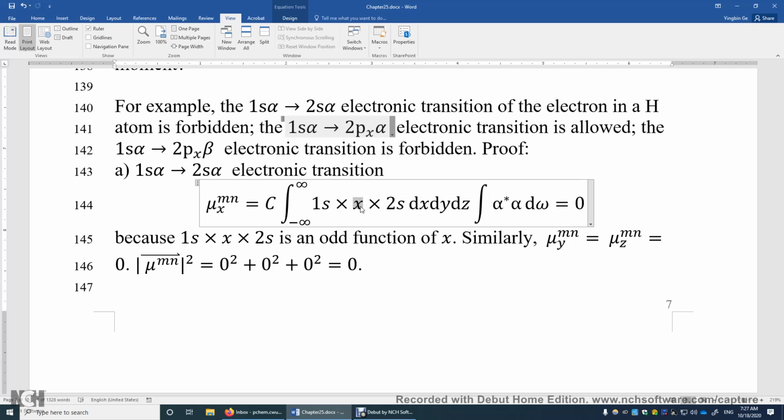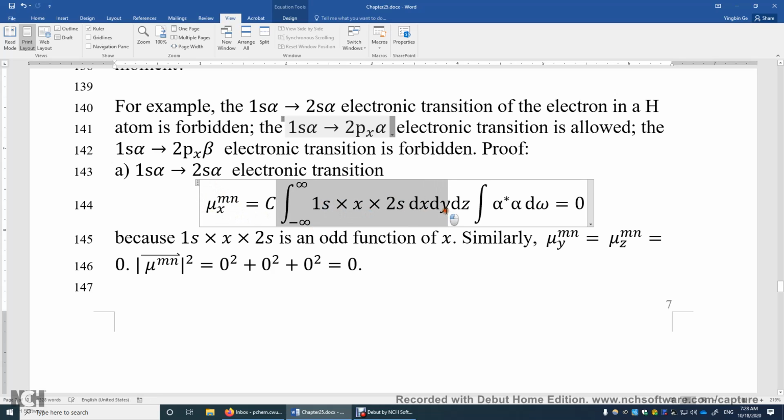Now get back to the hydrogen atom. It's a lot easier. The dipole moment of the hydrogen atom is simply the charge of one electron multiplied by the distance between this electron and the nucleus in the x direction for this x component.